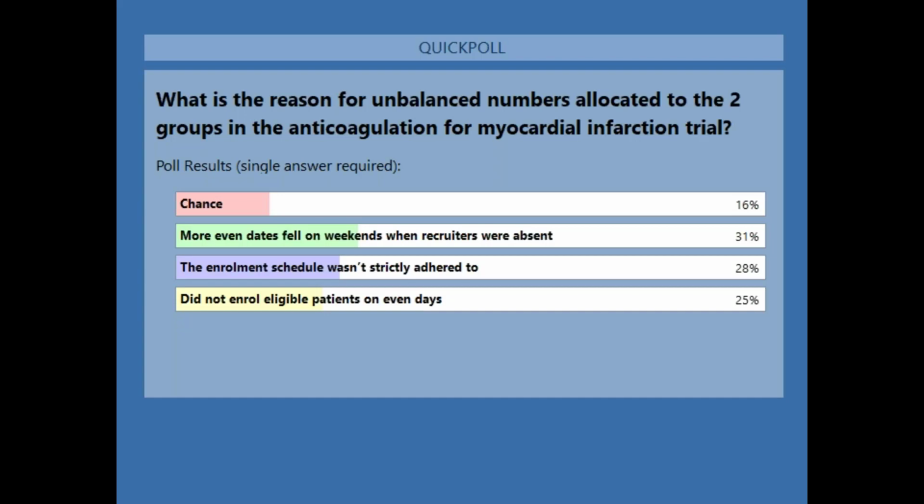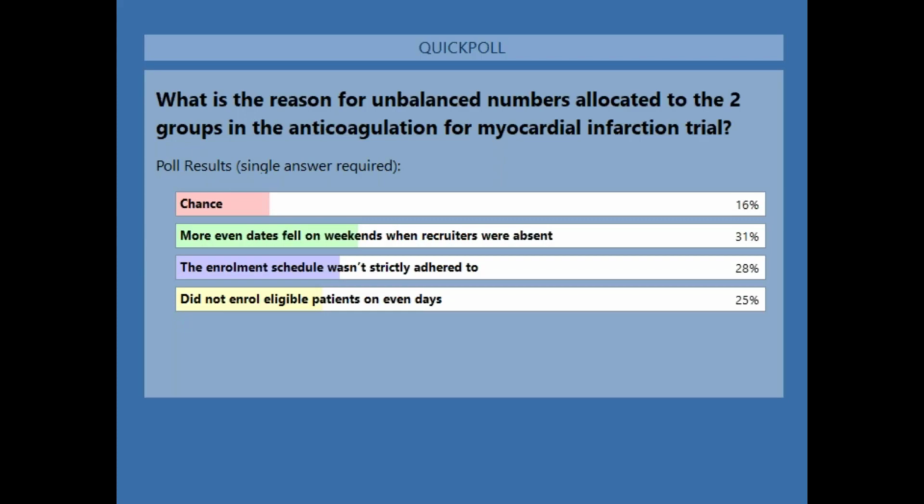And then the two latter options are basically saying the same thing. 28% of you said that the enrolment schedule wasn't strictly adhered to, and 25% thought that they didn't enrol eligible participants on even days. I agree with both of those, because I think there's the suspicion that the investigators manipulated the allocation so that more patients were recruited on odd days when they would receive the new anticoagulant.